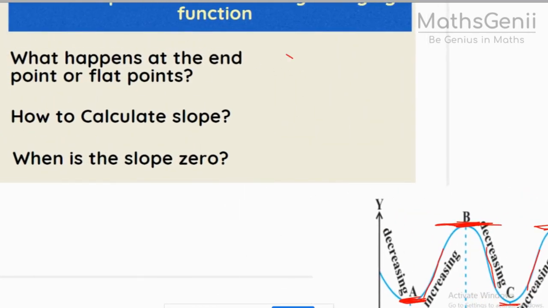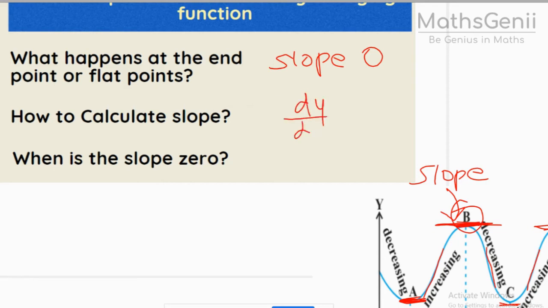So what happens at the end points? Slope becomes zero. How to calculate? This point I want, and here the slope is zero. So to find this point, I will have to find the slope. How to calculate slope? dy by dx. This is how you calculate the slope.